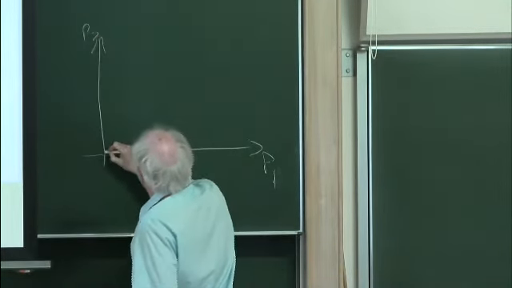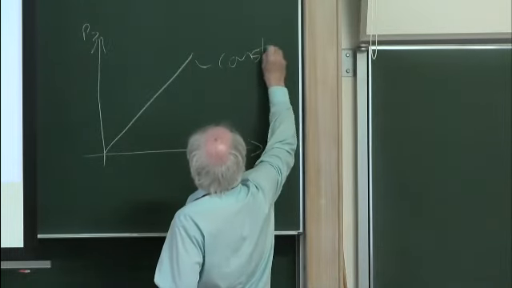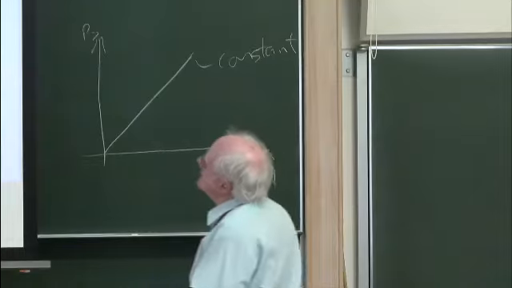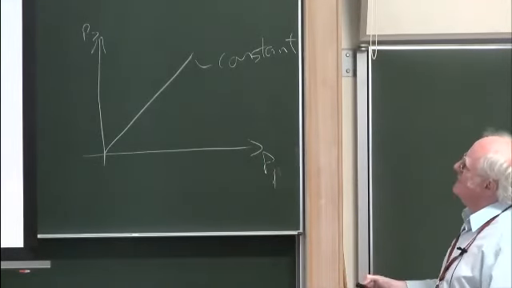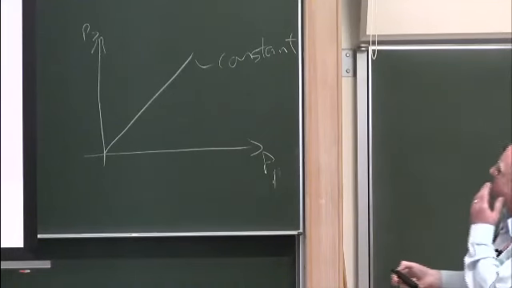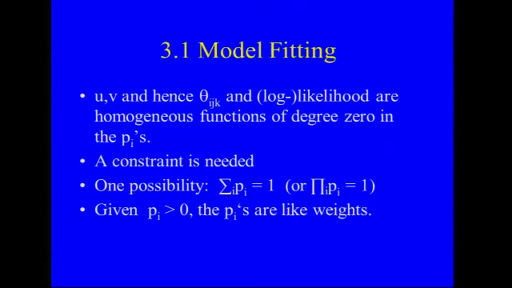The implication is that not just U and V, but our theta ijk's, our likelihood, our log likelihood, are all homogeneous functions of degree 0 in the p's, and a constraint is needed to pin us down to unique values.